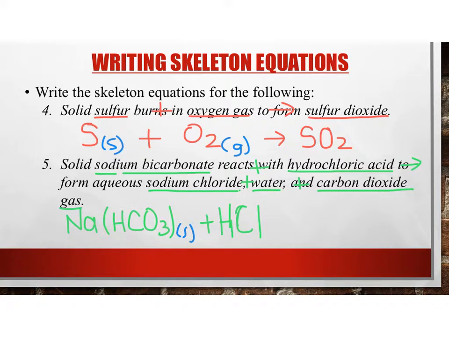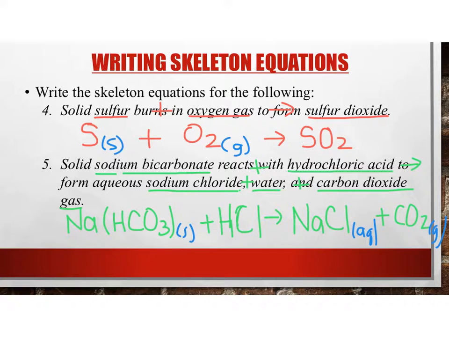And that's going to yield sodium chloride, that's a 1 and a 1, so NaCl, and I have aqueous, plus carbon dioxide, which is a gas. About run out of room.